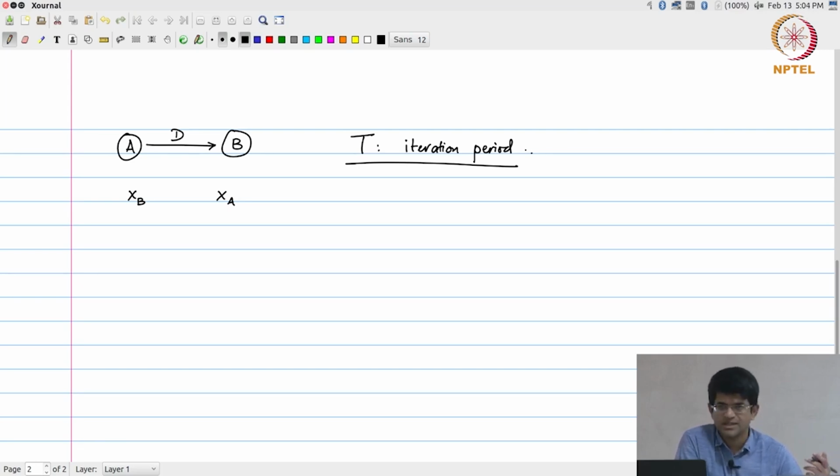Now if I have a certain t and I say that this is my iteration period, effectively what I am implicitly conveying by that is to say that if the nth iteration of A finishes at some time ta, the n minus 1th iteration would have finished by ta minus t.